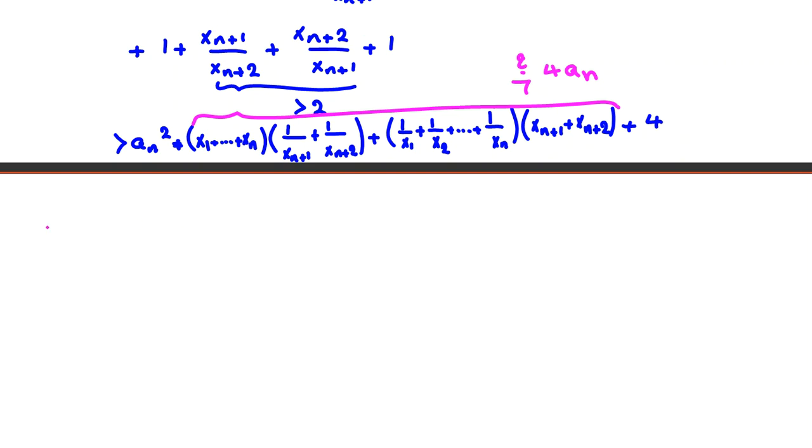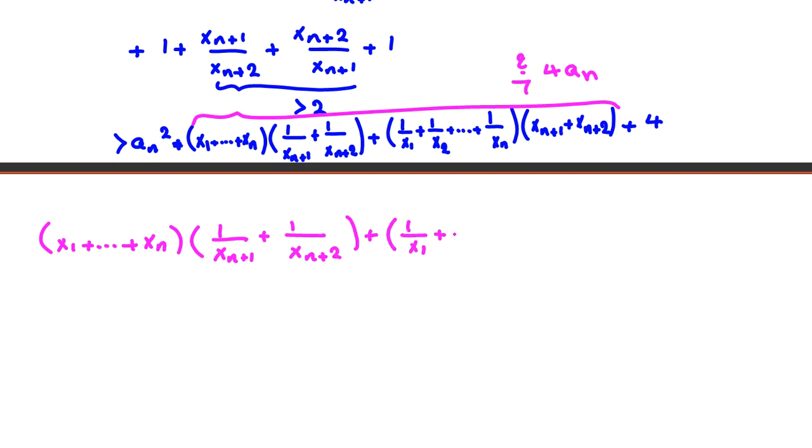Now, let's work on the pink part, (x1 to xn)(1/x_{n+1} + 1/x_{n+2}) plus (1/x1 to 1/xn)(x_{n+1} + x_{n+2}). I want to prove it is at least 4A_n, because here we have strictly greater than.